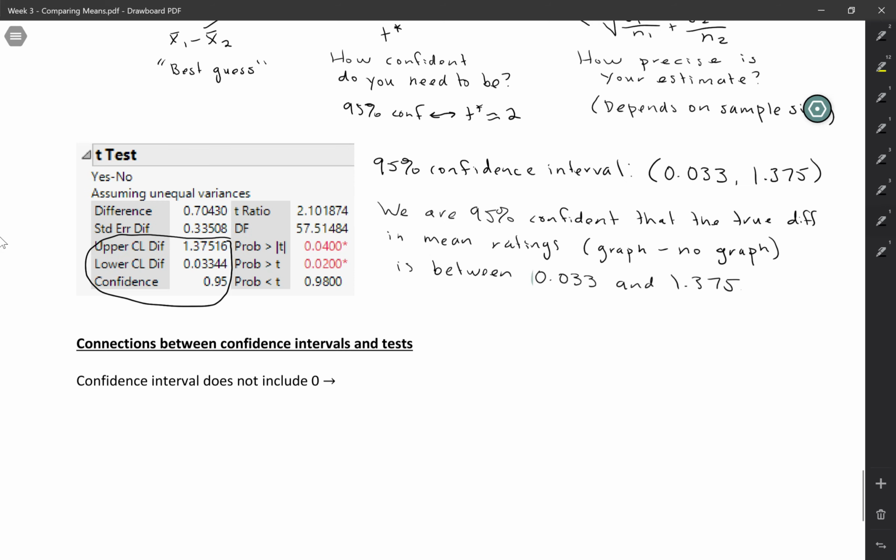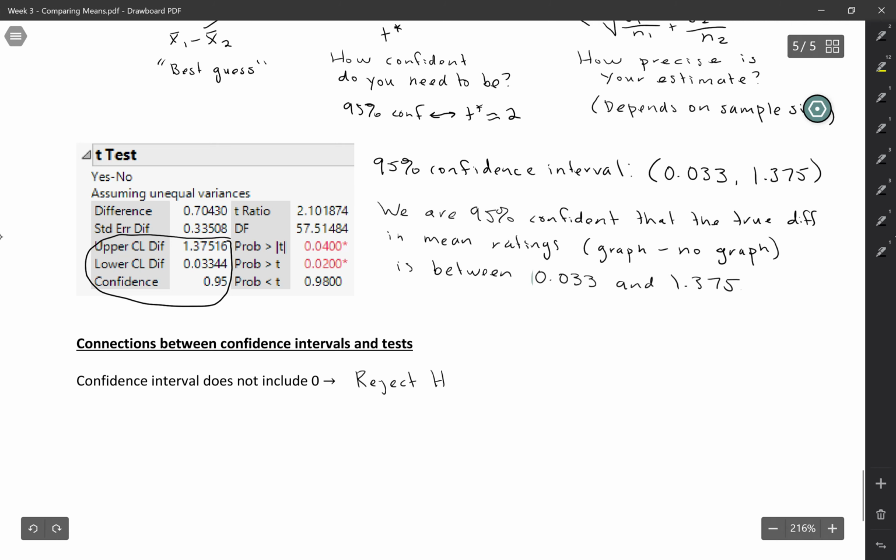And there's actually connections between confidence intervals and the hypothesis test that we did earlier. So if your confidence interval does not include 0, basically what you're saying is that 0 is not a reasonable value for the parameter, right? So this is consistent with the fact that we rejected 0 earlier, right?